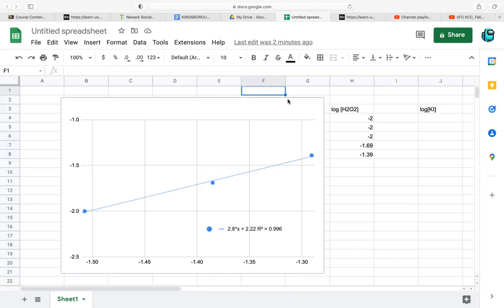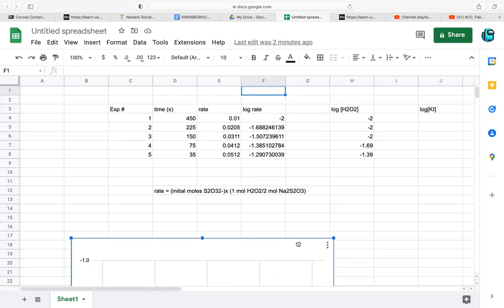It's just that what happens with the Ki is the Ki changes when the H2O2 is not changing. So it's like, again, I'm just making up numbers, minus 1.35, minus 1.22.